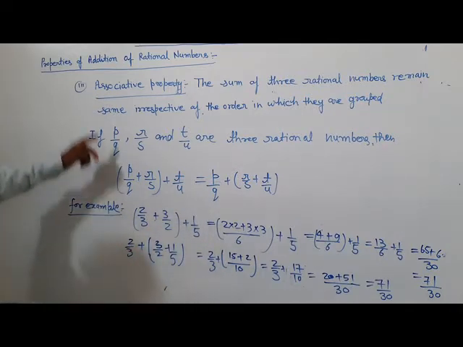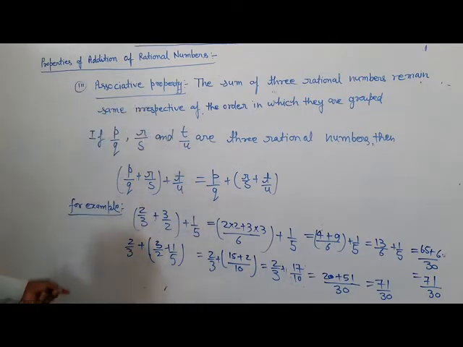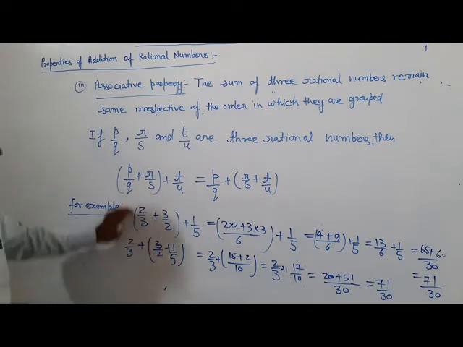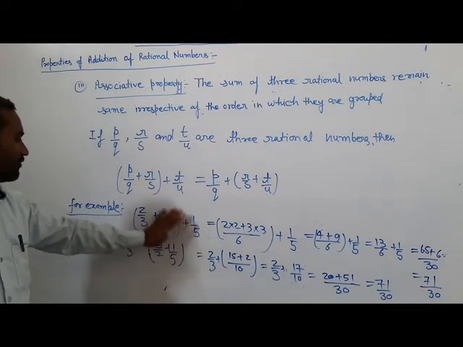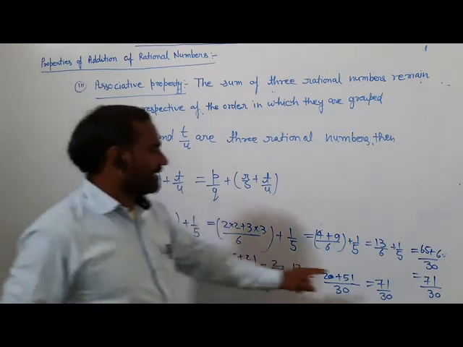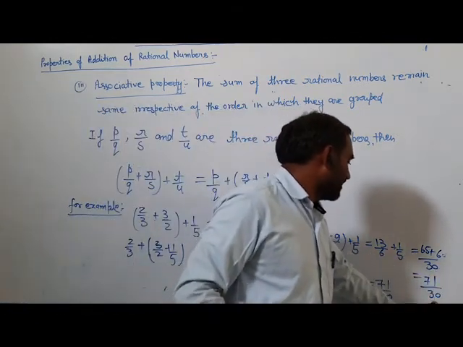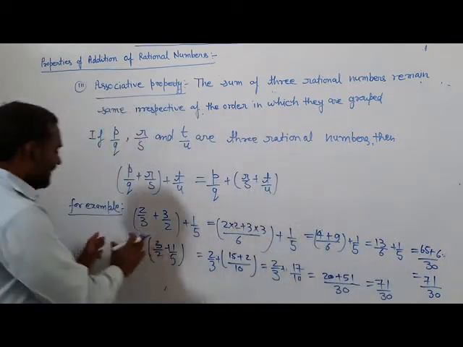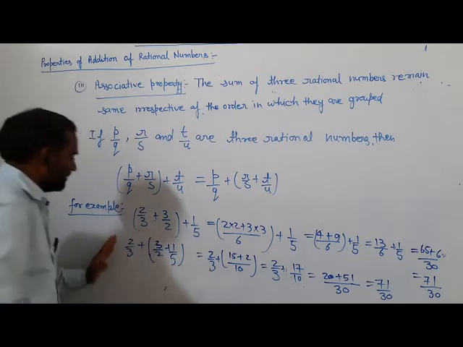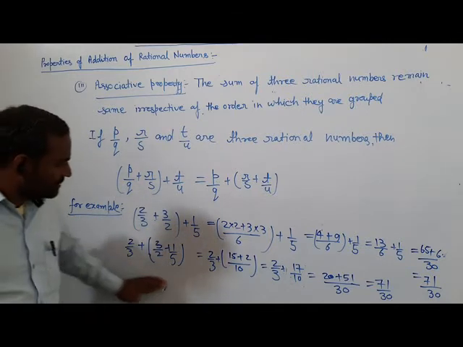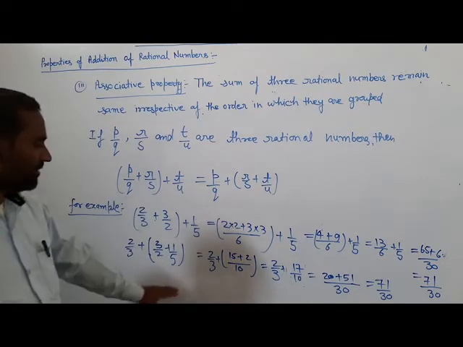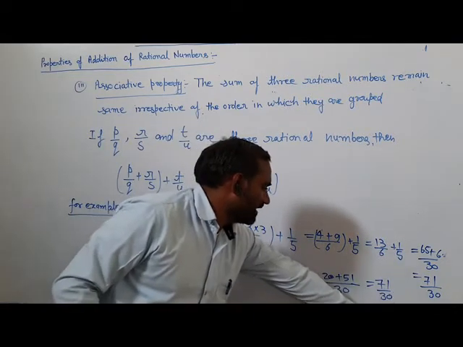Here, according to the associative property, we make a group of the first two rational numbers, and the group of the first two rational numbers we add to the third rational number. We get the answer 71 by 30. If the second and third rational numbers are grouped, after solving we also get 71 by 30.